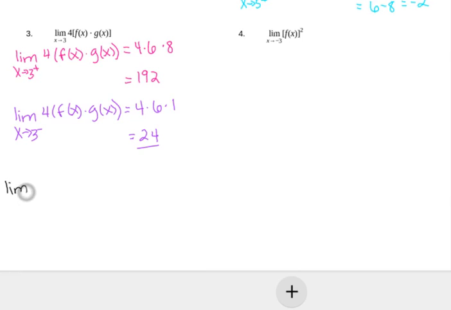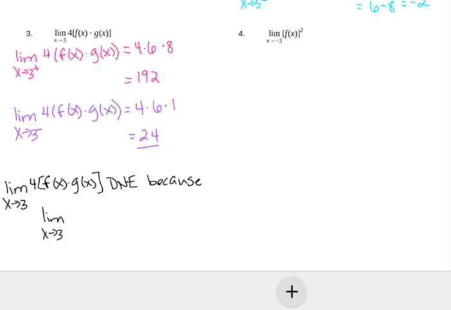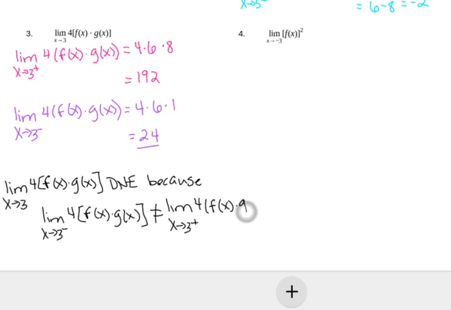I'm going to say the limit as x approaches 3 of 4 times f of x times g of x does not exist because the limit as x approaches 3 from the left of 4 times f of x times g of x does not equal the limit as x approaches 3 from the right of 4 times f of x times g of x.